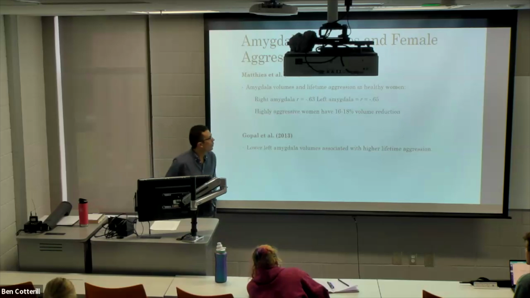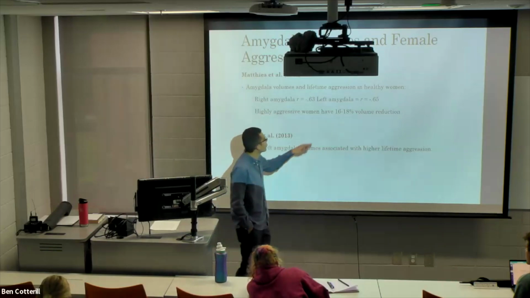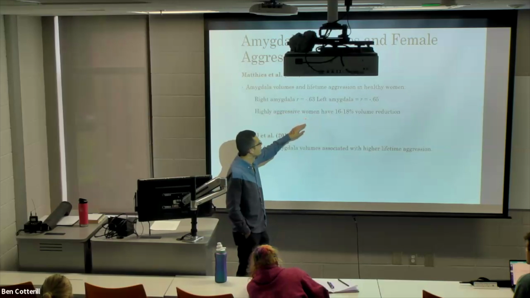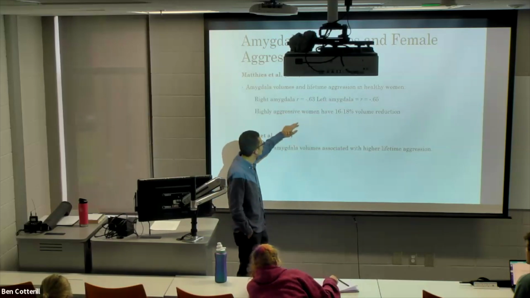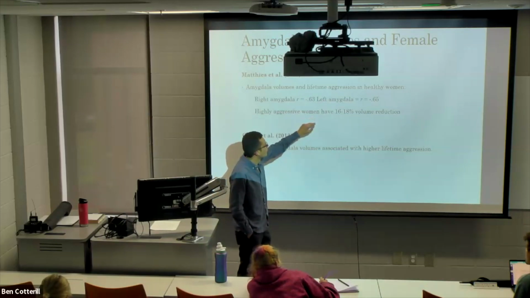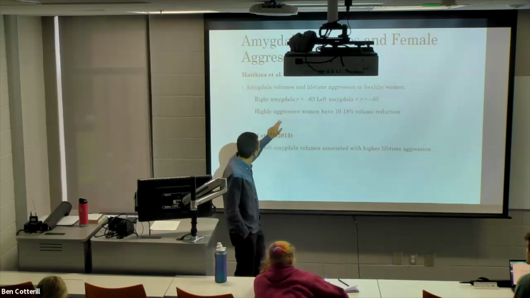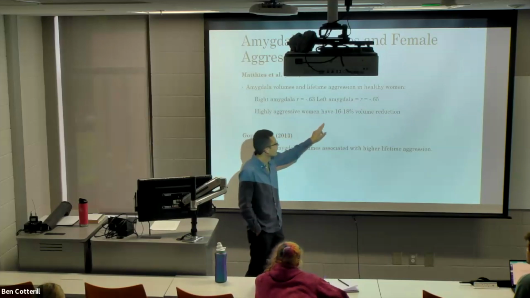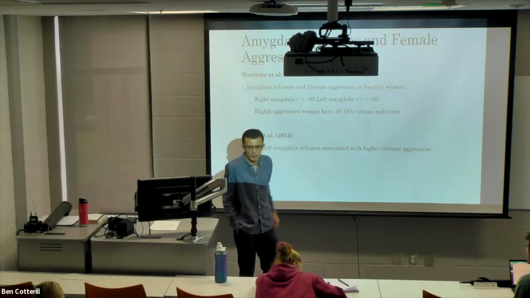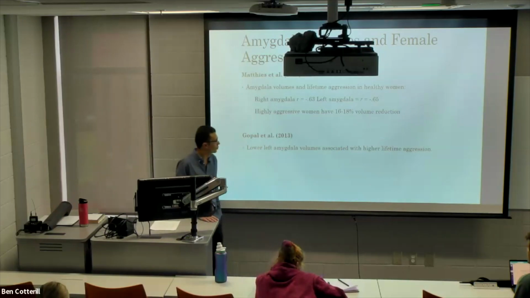In a study on women, there was a negative correlation between amygdala volume, both in the right and left hemisphere, with aggressive behavior. Okay, on average, the highly aggressive women had 16 to 18% smaller amygdala than the controls.